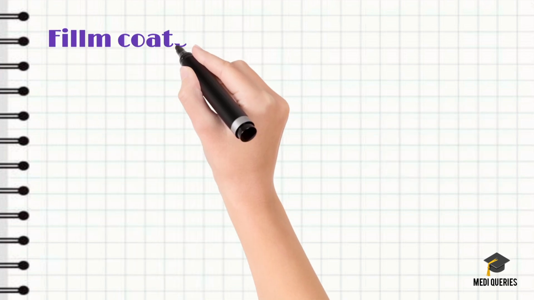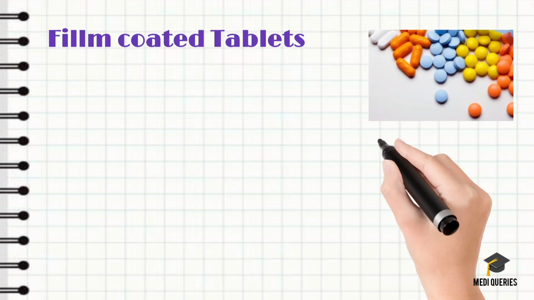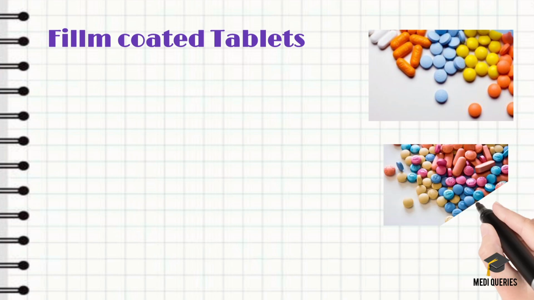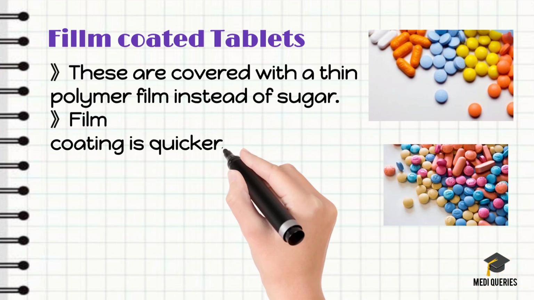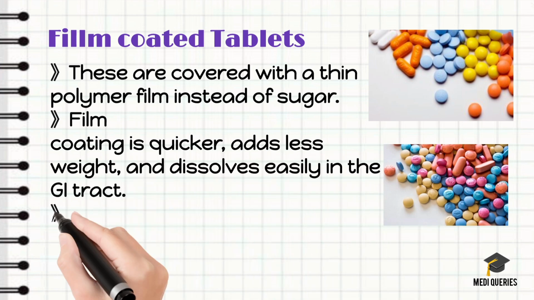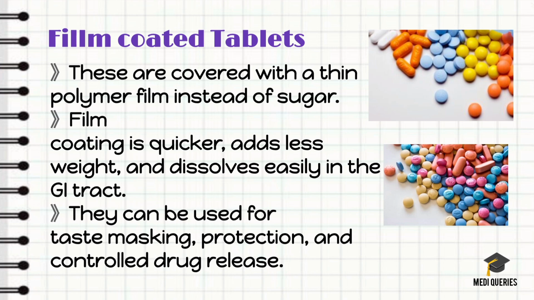Next one is the film coated tablets. Film coated tablets are covered with a thin polymer coating, usually more effective than the sugar coating. The film helps in taste masking, moisture protection, and sometimes controlling drug release. Unlike sugar coated tablets, film coated tablets remain light and easy to swallow.